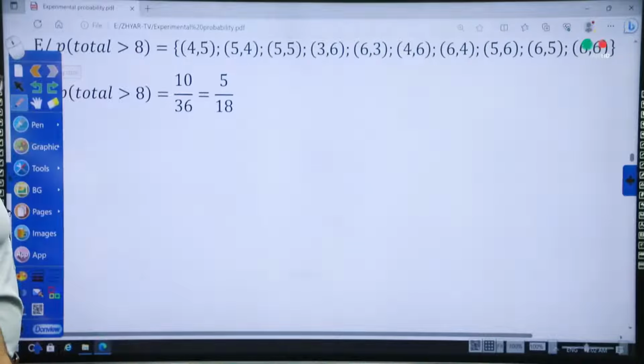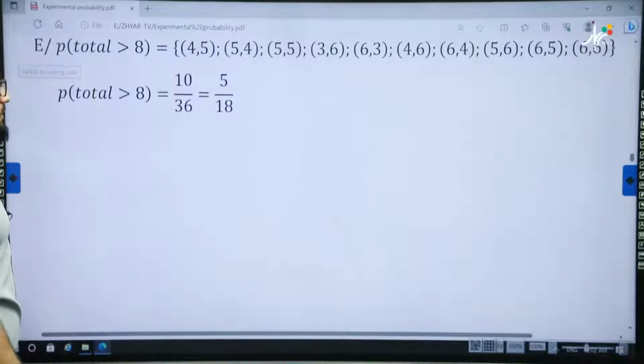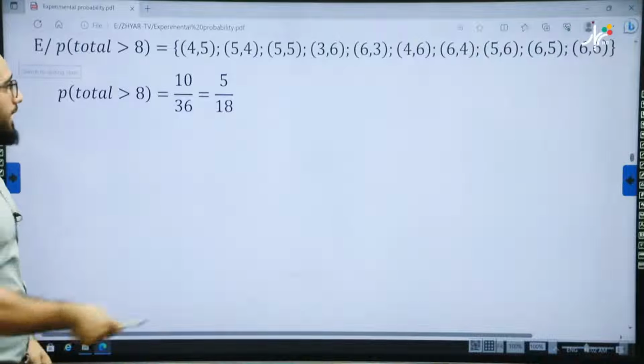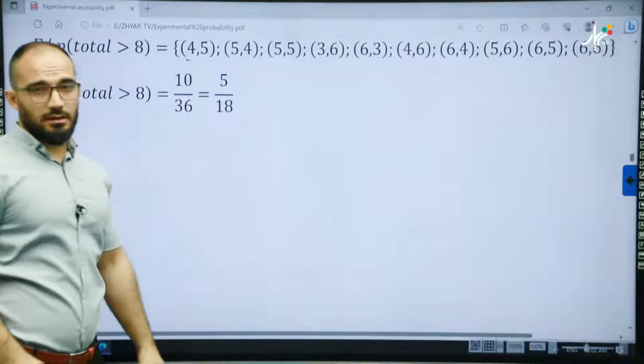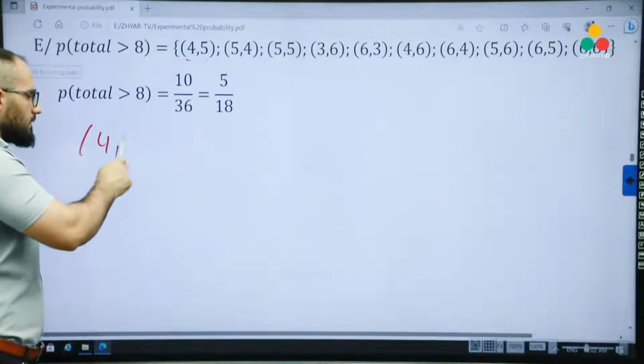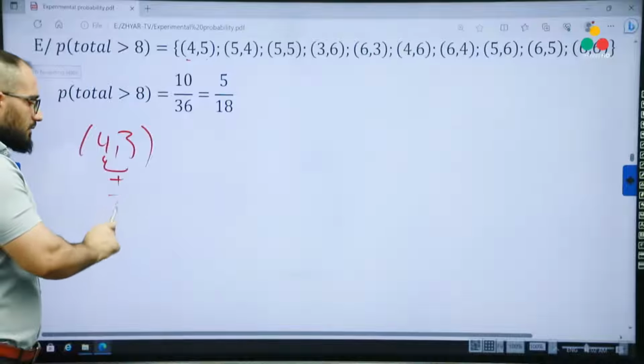The last question says P total greater than 8. So let's write P total greater than 8. It means when you add these two numbers, it gives you a number that's greater than 8. For example, if you write 4 and 3, 4 plus 3 is going to be 7.